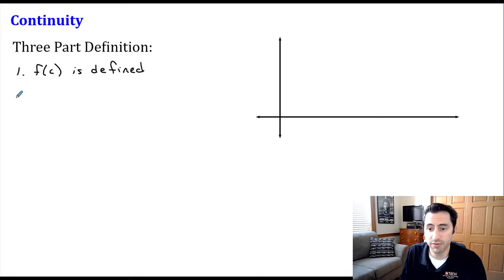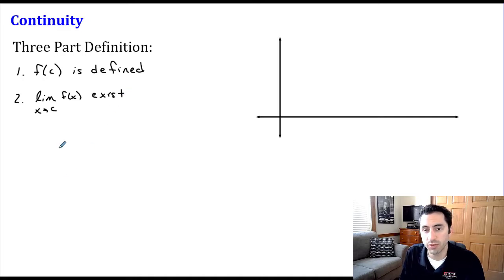The second part of the definition is as we move closer and closer to that value of C, the limit has to exist. So the limit as x approaches C of the function needs to exist. So as we move closer and closer to that value of C, our y values also have to move closer and closer to some specific number.